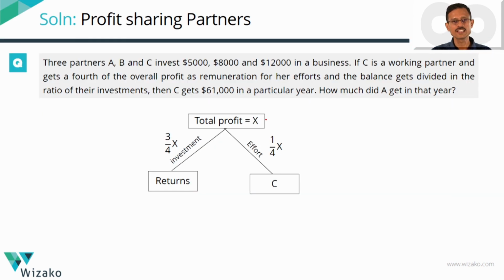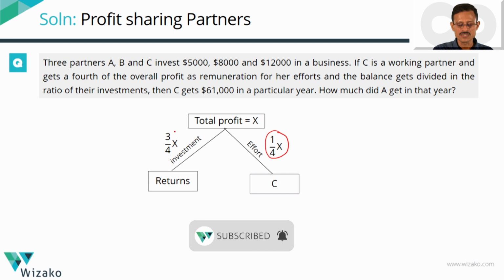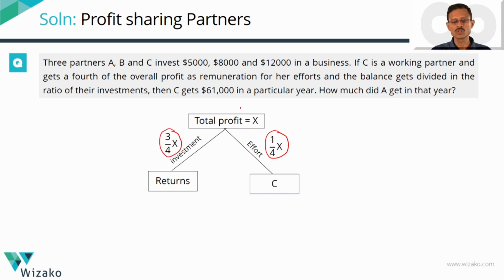Let's say the total profit is equal to X. C gets 1/4 as remuneration. The balance, which is 3/4, gets divided in the ratio of their investments. What is the ratio of their investments? 5,000 is to 8,000 is to 12,000. So they will divide the profit in the ratio of 5 is to 8 is to 12. So if you add up these parts, 5 plus 8, 13, 13 plus 12 is equal to 25.